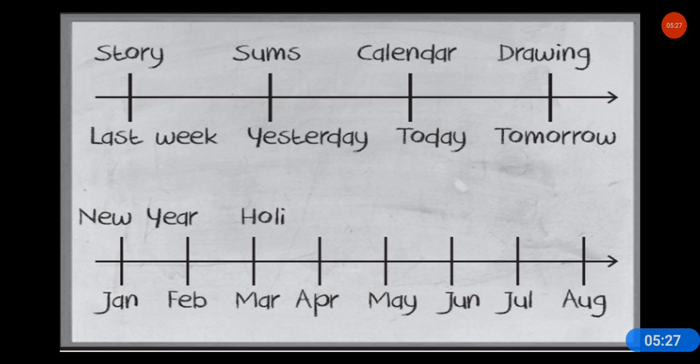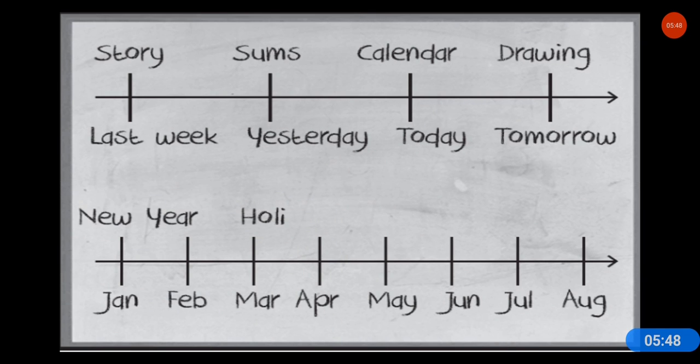So these are the things which have been shown on the timeline. Look here. There's a straight line, and we have divided it into equal parts. On the lower part we have written the time: last week, yesterday, today, and tomorrow.